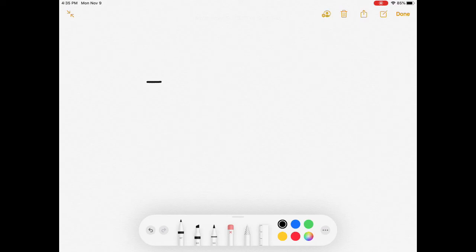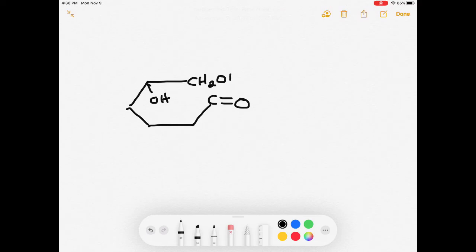Okay, so we've curved it around, but what we're going to do is basically switch spots with these two, okay?